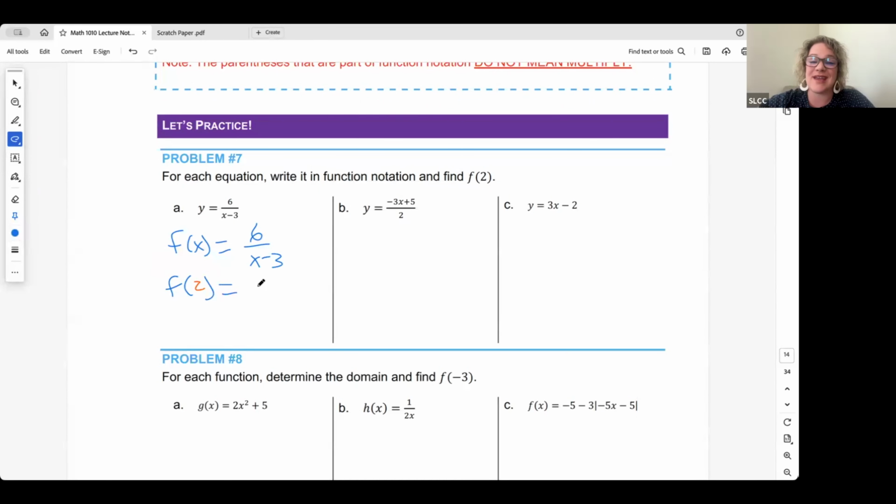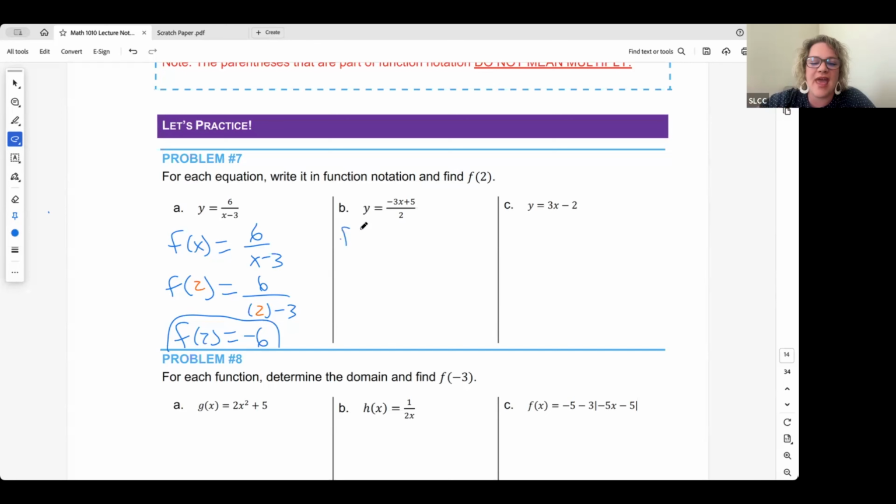F of 2 means plugging in 2 for the x value. Always plug in those parentheses. And then you can combine to figure that out. So 2 minus 3 is -1. So that means f of 2 equals 6 over -1. So -6. When I plug in 2, the output is -6.